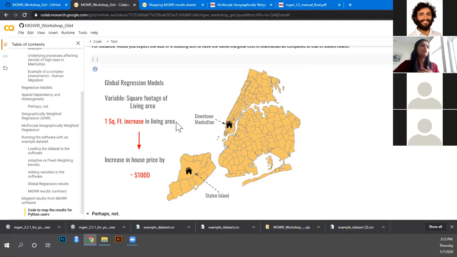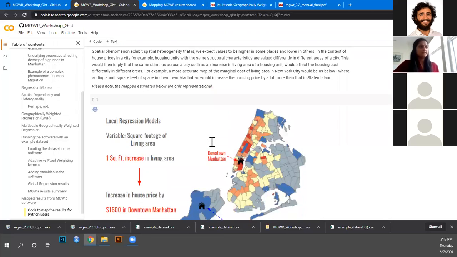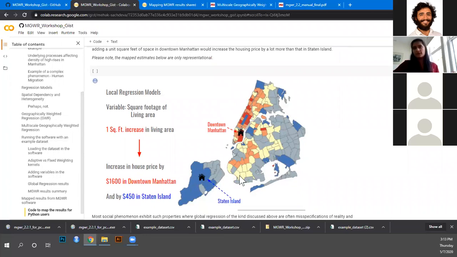So how you would get around this problem and beat this assumption is by using local regression techniques or spatial regression techniques, and GWR is an example of it. So a local regression model would basically give you a map of something like this. This is not a real model output, only for the purpose of representation, but it is of value to see what this means.